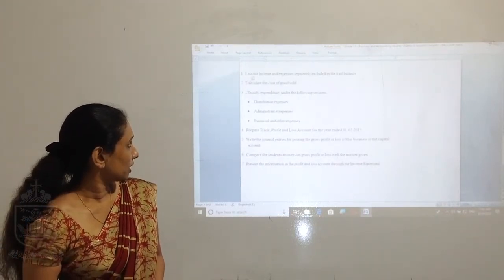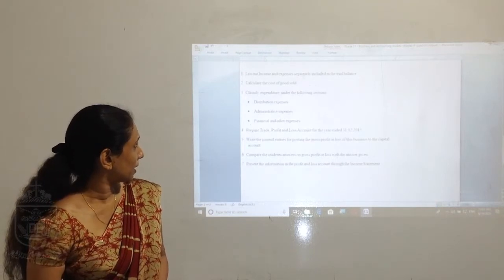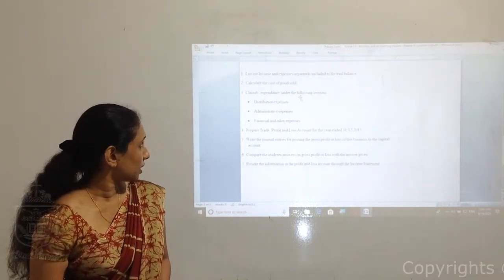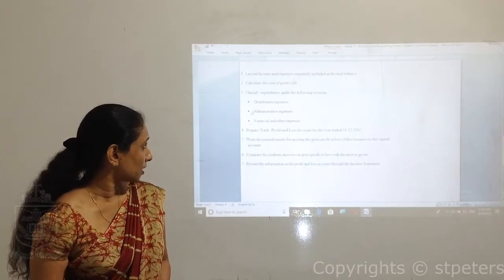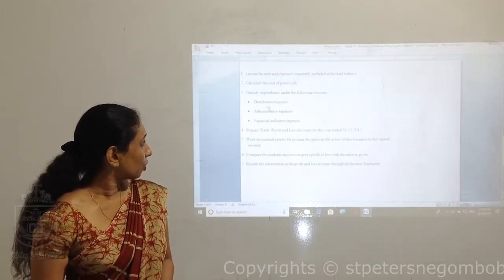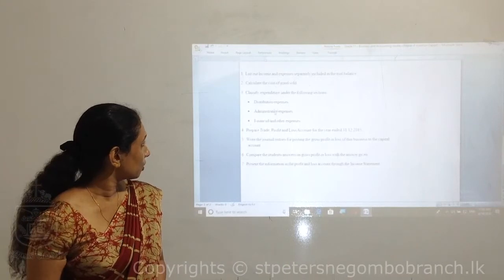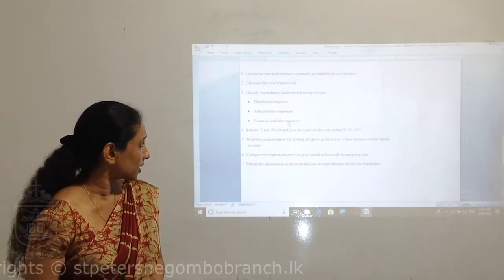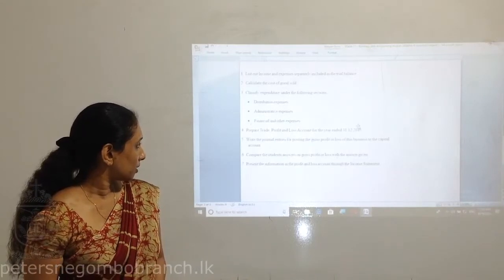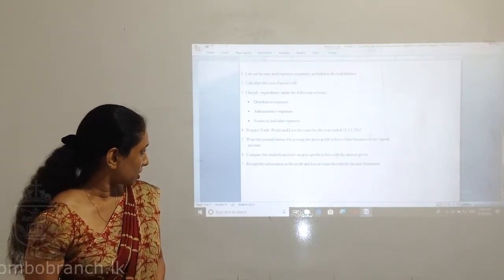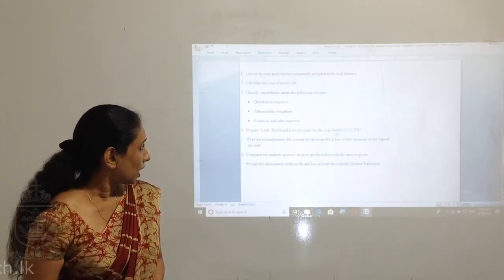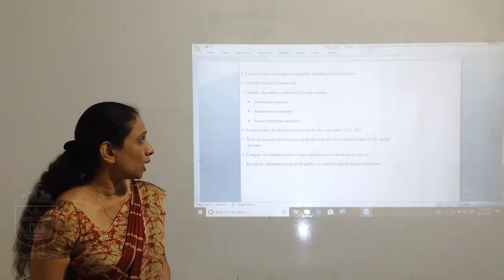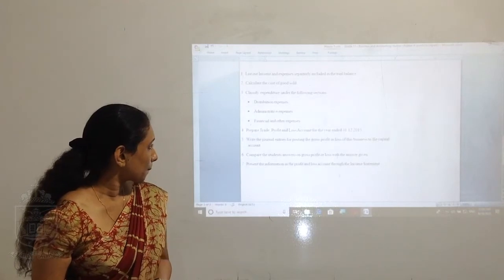It asks you to list out the income and expenses separately, calculate the cost of goods sold, and identify the expenditure under the following sections. They want you to categorize the expenses into distribution expenses, administration and financial expenses. Prepare the trial balance, prepare the profit or loss statement, and write the journal entry for posting the gross profit to the capital account.